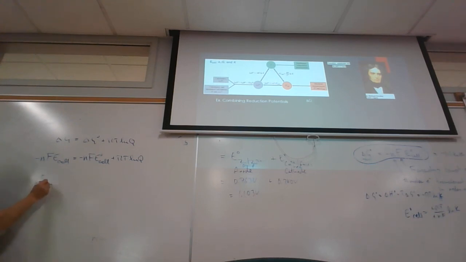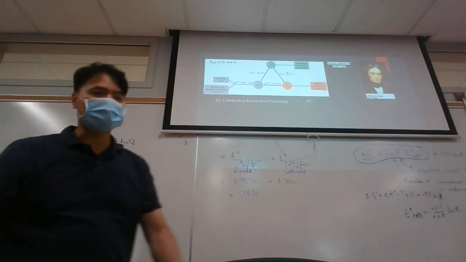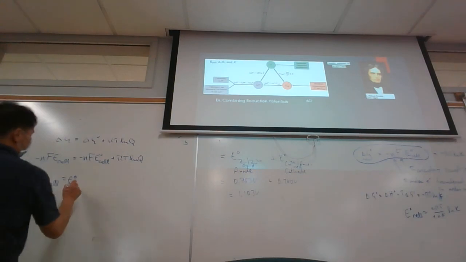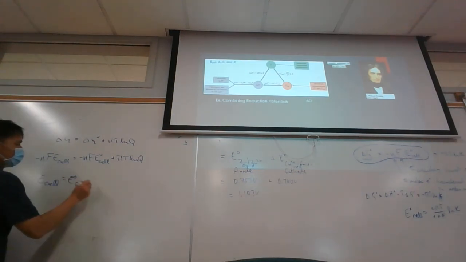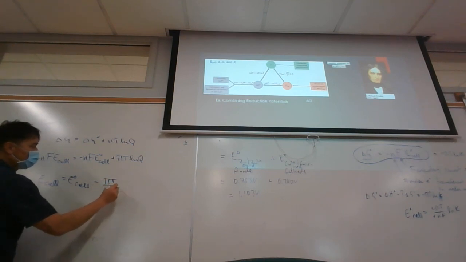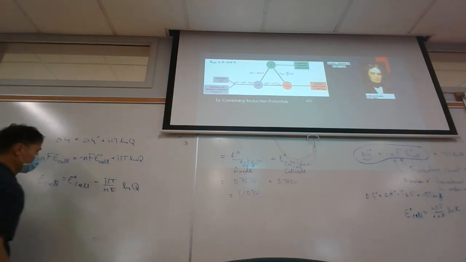So we're going to get E of the cell under non-standard conditions is equal to E of the cell under standard conditions minus RT over nF ln of Q.